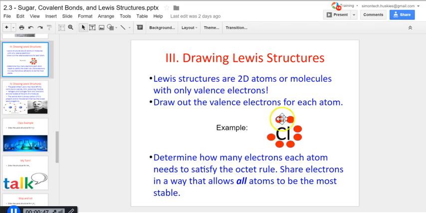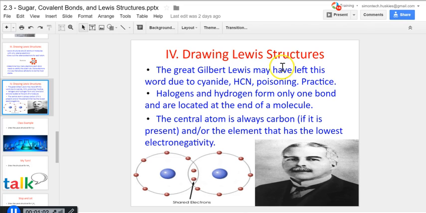Now we do that for every atom that we see we're trying to bond, and then we put them together so that all the atoms have satisfied the octet rule, so that their outside shell has all the valence electrons they need. So if I have something like hydrogen, carbon, and nitrogen, I have to find all 3 of those and draw out the valence electrons for each one. Cool?